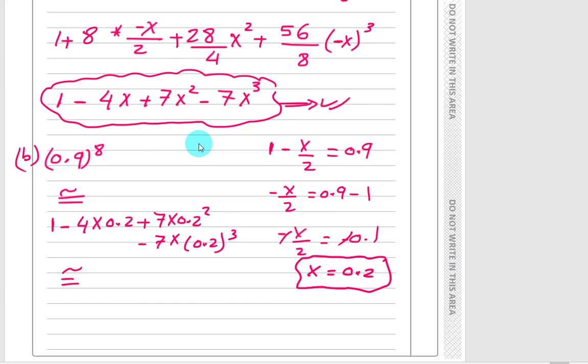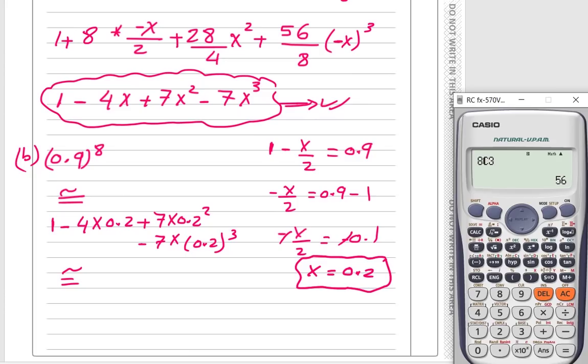So it will equal to 1 minus 4 by 0.2 plus 7 by 0.2 square minus 7 by 0.2 cube.